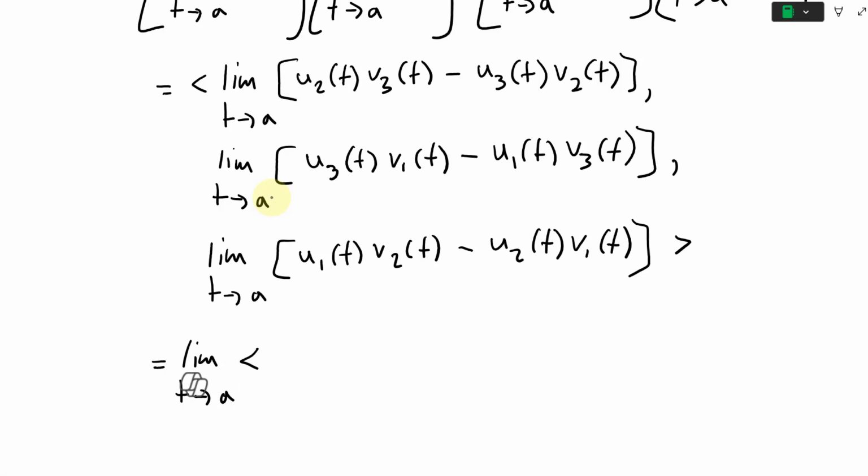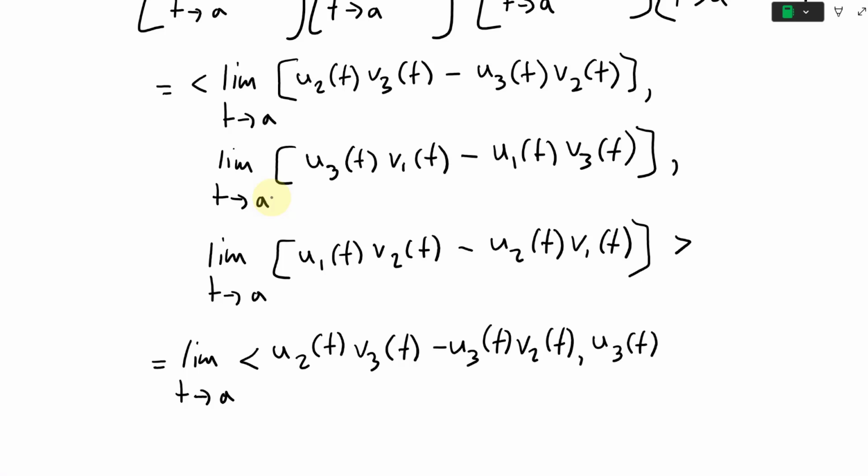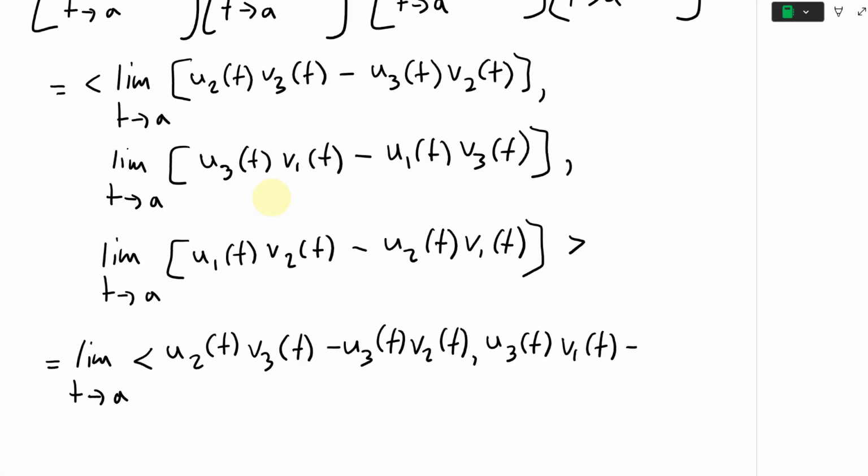Now this is just going to be u2 of t, v3 of t minus u3 of t, v2 of t, and then comma, the next setup is going to be u3 of t, v1 of t minus, and see if I can fit this all in.